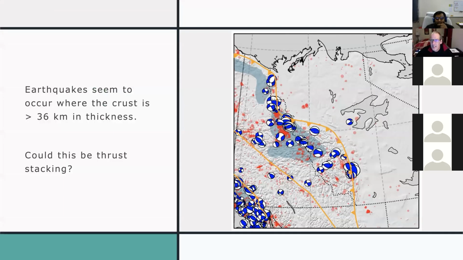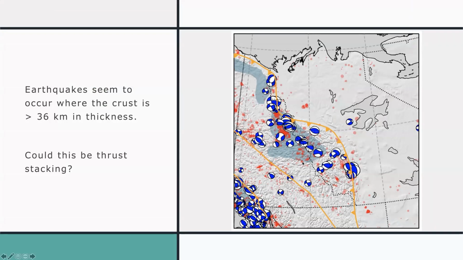But we can say that the area of thicker crust here, the gray area shows areas where the crust is 36 kilometers or thicker, seems to correspond to the area of heightened seismicity. And here you have the focal mechanisms, again, showing mostly thrust faults around the Mackenzies.